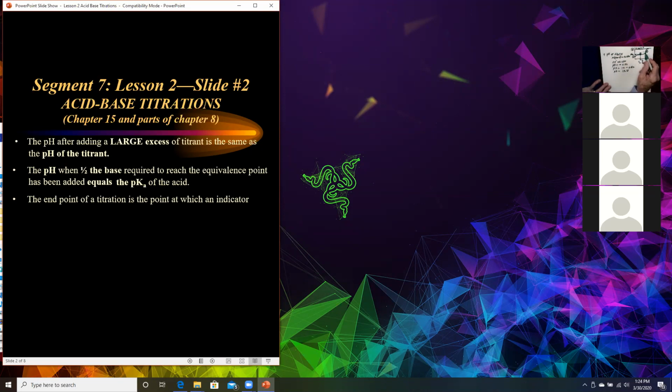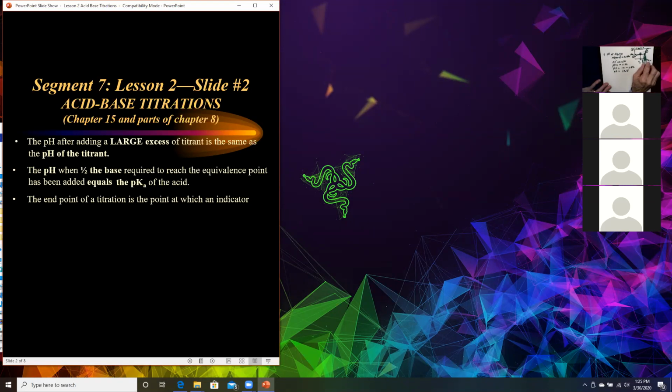Now, when you get past the equivalence point, the next drop you add is going to jump you up into this region of the base color. For phenolphthalein, that occurs roughly at pH 9. So you'll be going along and maybe you're looking for a pH of 7.8 or something like that as the equivalence point pH.